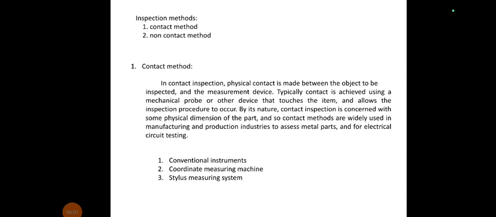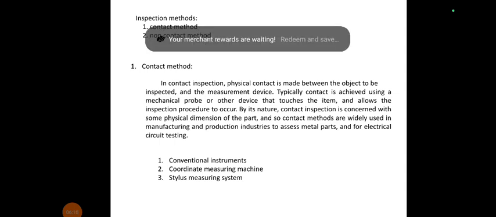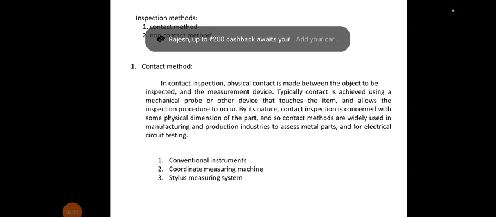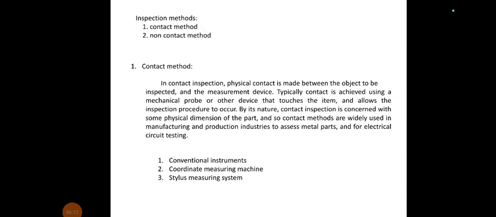Most of these machines today are either controlled by numerical control or computers. The coordinate measuring machine is the most prominent example of the equipment used for contact inspection of work parts.